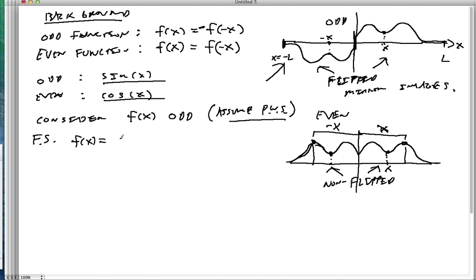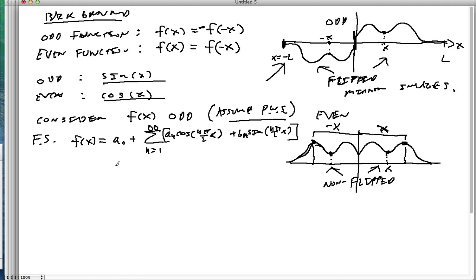And we want to write down a Fourier series, which is just the grand Fourier series that we've always written down before: a_n cosine n pi over L x plus b_n sine n pi over L x.